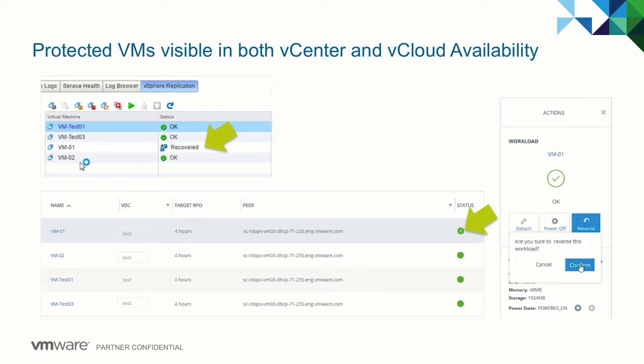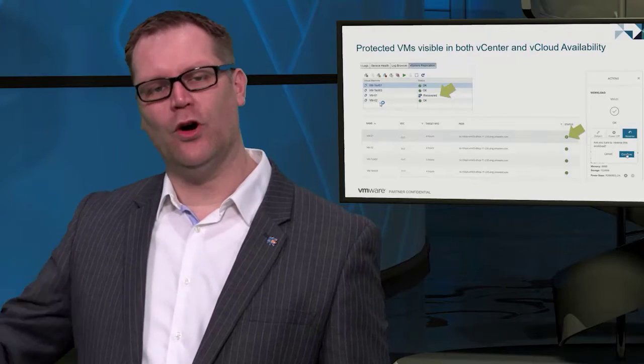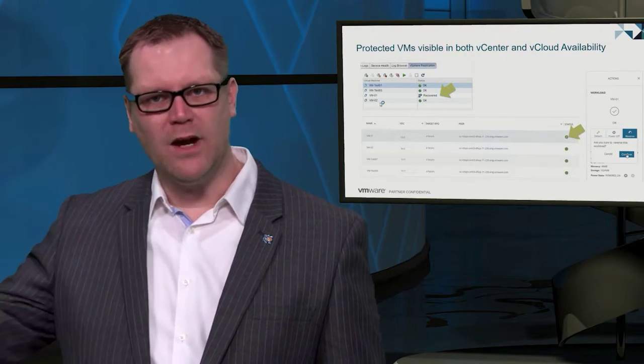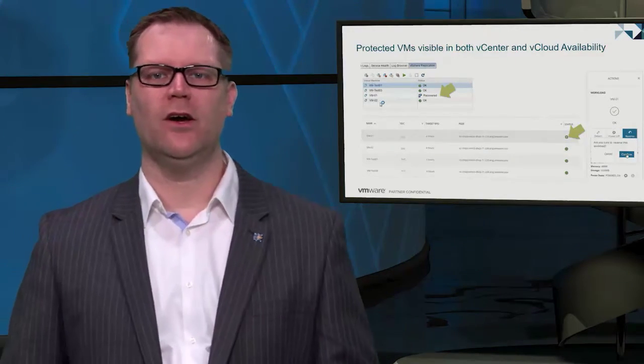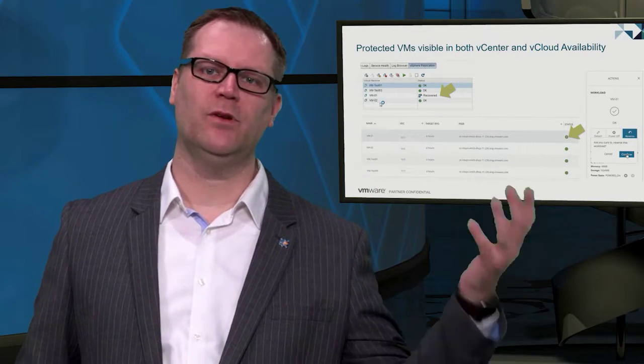You can also manage those virtual machines and the replication status from the public cloud provider. So if your data center was on fire, up in smoke, completely collapsed, you can simply log into your public cloud provider, power on all the virtual machines, and manage them all through that cloud provider without worrying about what's happened to your vCenter service on premises.